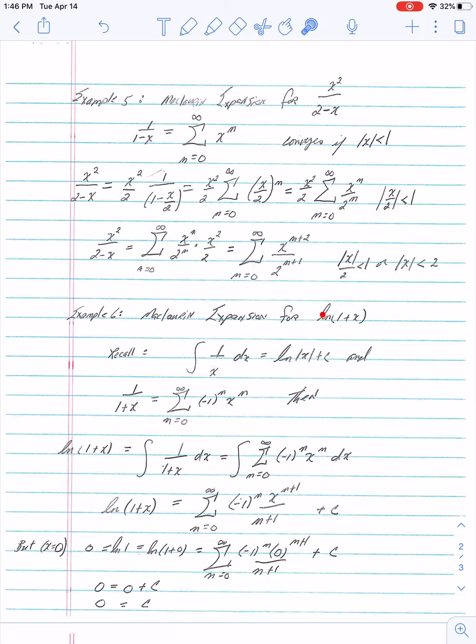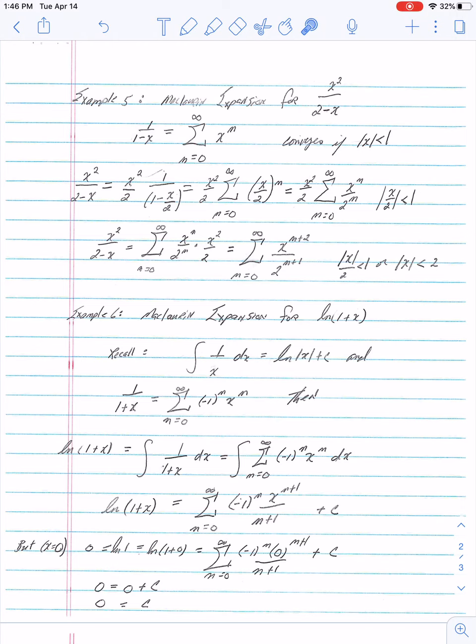I'm just going to assume this thing is positive anyway, so 1 plus x is greater than 0. That's what I'm going to look at. And I also know that 1 over 1 plus x, remember that was my little special geometric case, is the summation n running from 0 to infinity of minus 1 to the n x to the n. Well, so how does all that help here?